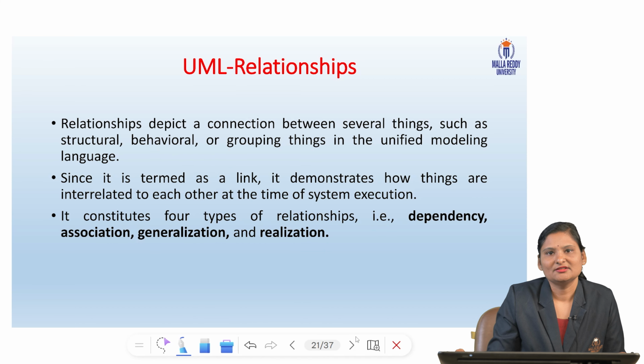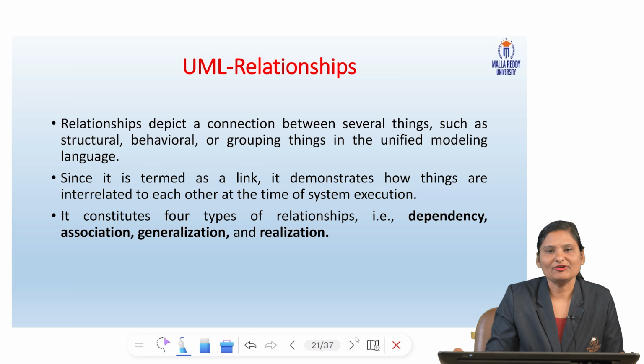The next building block is UML relationships. Relationships depict a connection between several things such as structural, behavioral, or grouping things in unified modeling language. Since it is termed a link, it demonstrates how things are interrelated to each other at the time of system execution.